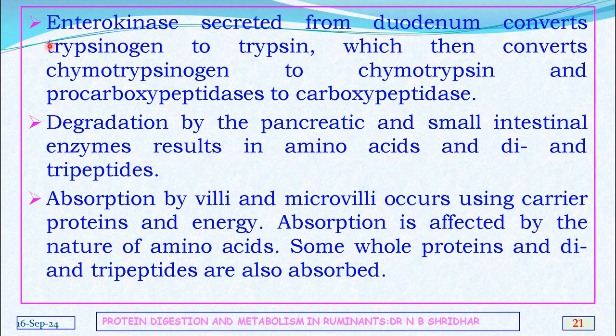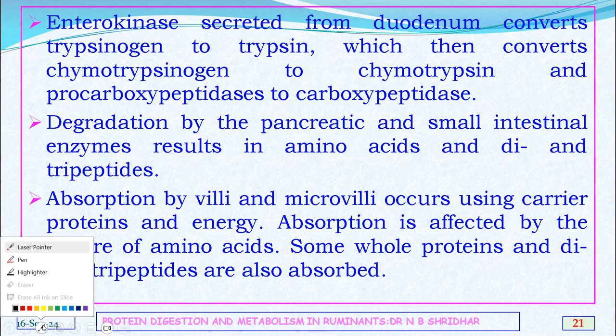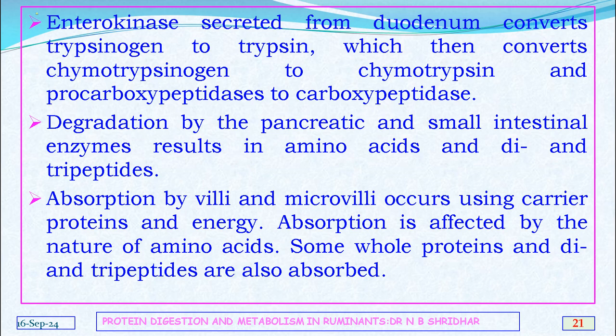Apart from this, enterokinases are secreted from the duodenum and convert trypsinogen to trypsin, which then converts chymotrypsinogen to chymotrypsin. So it's a cascade of events.